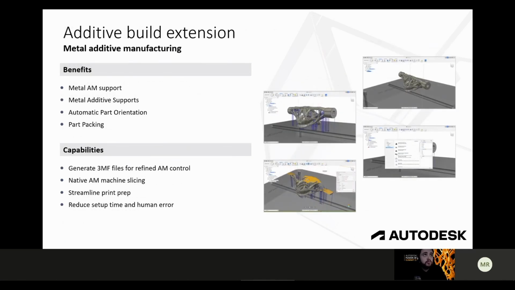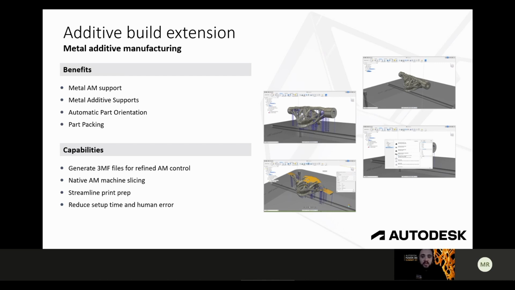So now we move on to the last of the extensions that we have right now. This is the additive build extension. So first of all, what is the Fusion 360 additive build extension? This extension effectively allows you to unlock additional additive manufacturing technologies inside Fusion 360. It does this by using metal powder bed machines to produce lighter, stronger, and better performing parts, whilst reducing the material waste and cost.